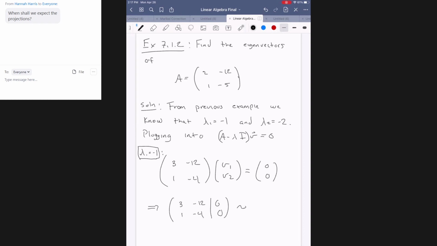If you RREF this, you scale the first row and get 1, -4, 0, 0, 0, 0. So here's my v1, here's my v2. This means that v1 is equal to 4 v2, and v2 is free in this case. Now you solved it, so how do I express this in vector form? Let me take this thing.